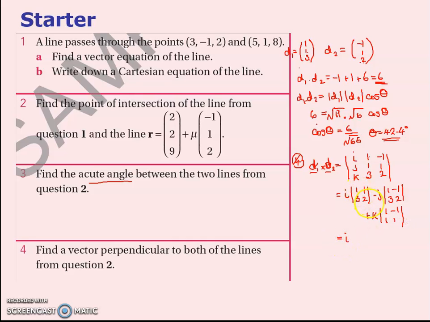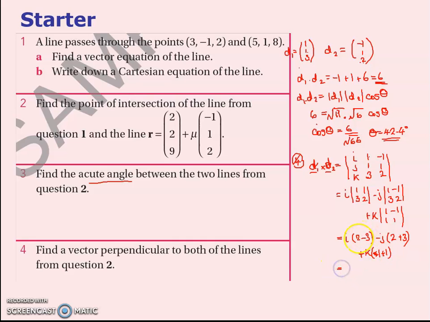I is 2 take away 3, minus J, 2 take away a minus 3, so it's plus 3, plus K, 1 minus a minus 1 plus 1.